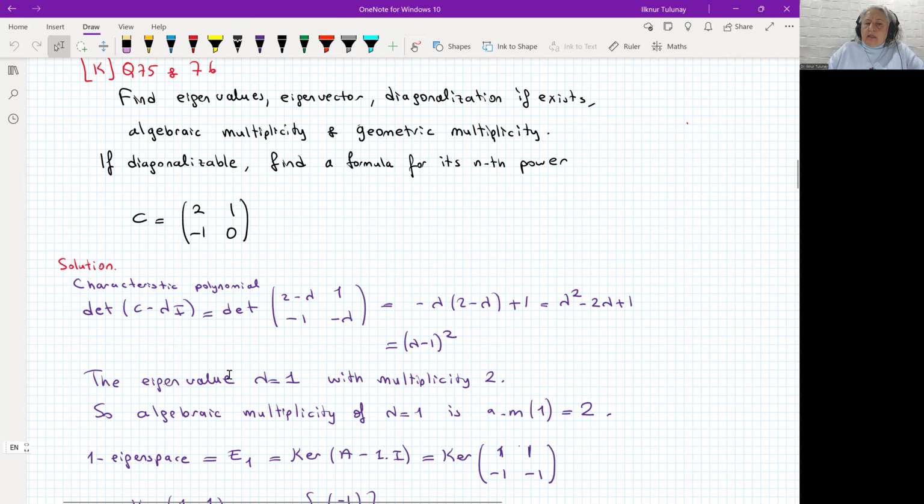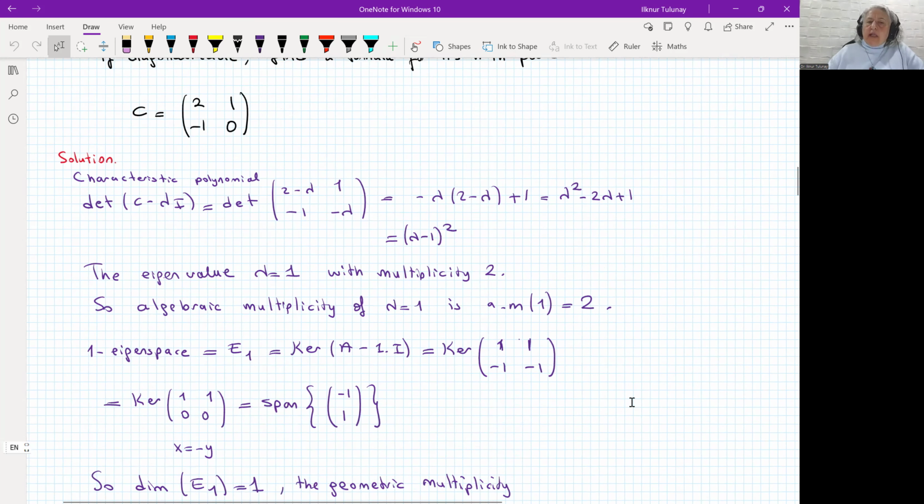Okay, lambda equal to 1 is an eigenvalue with multiplicity 2. So this multiplicity gives us the algebraic multiplicity for this eigenvalue. Algebraic multiplicity of lambda equal to 1, written AM1, is equal to 2.